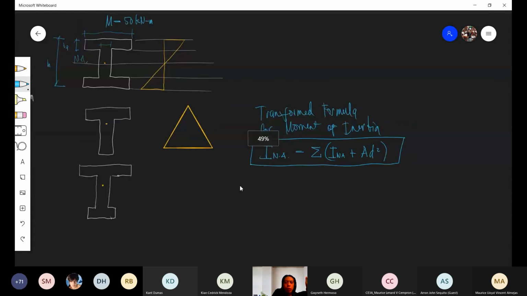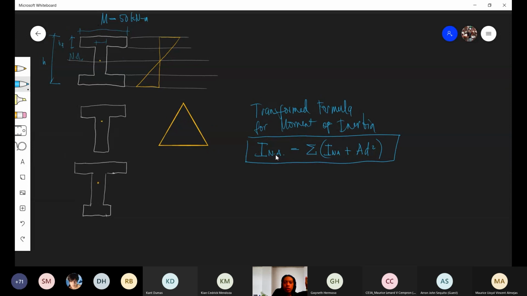How can we solve for this one? I-solve natin ang moment of inertia with respect to the neutral axis. Okay, and we will use this formula. This formula is only used if you are dealing with a composite figure, or if you're trying to solve for the value of the moment at any axis.